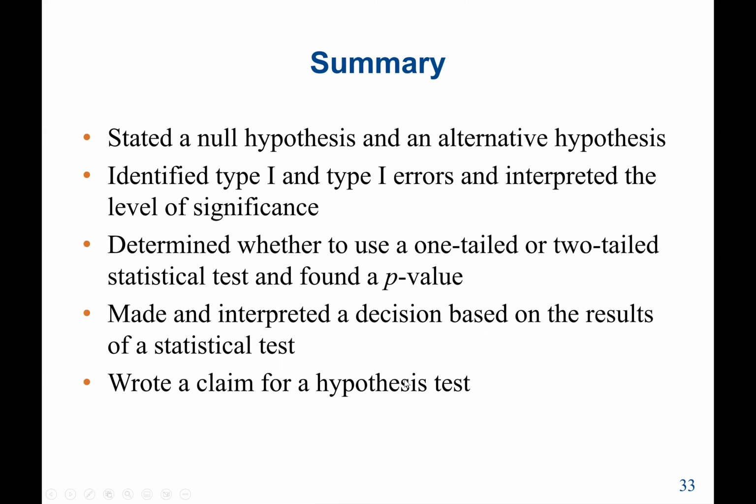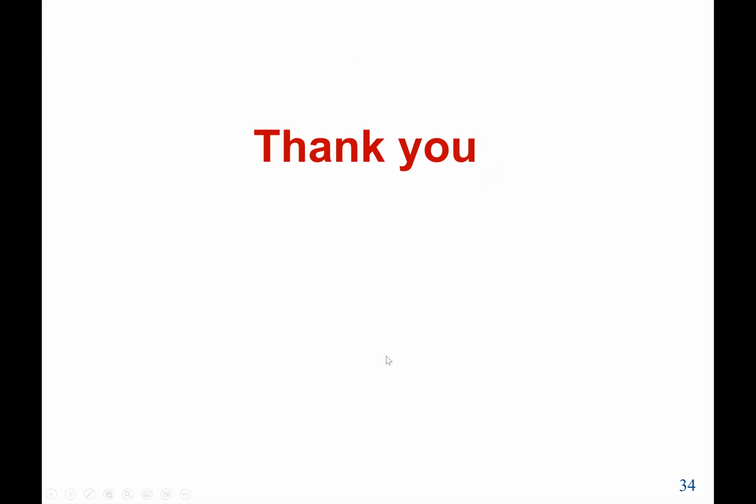We also learned how to determine whether to use a one-tail or two-tail test and find a p-value, and how to write a claim for hypothesis testing. That is the conclusion for these lectures, and see you in our next lectures.